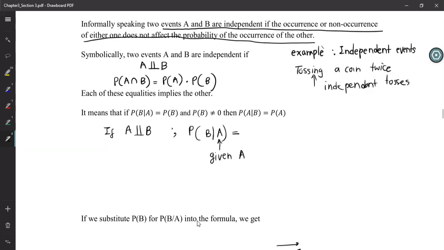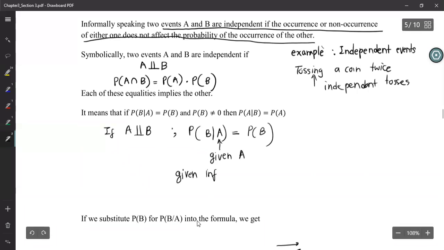If they are independent, A and B are like two people who do not know each other. So whatever the given information on A will not be used by B. So this is simply P(B). That means you can ignore A. Why? They are independent. Whatever happened with A, the given information is useless.